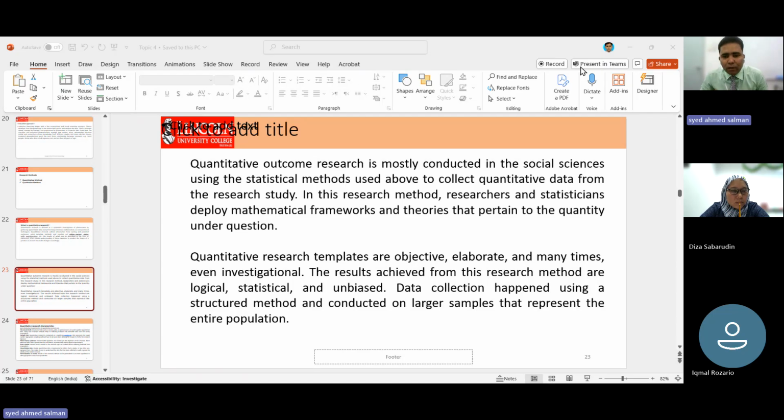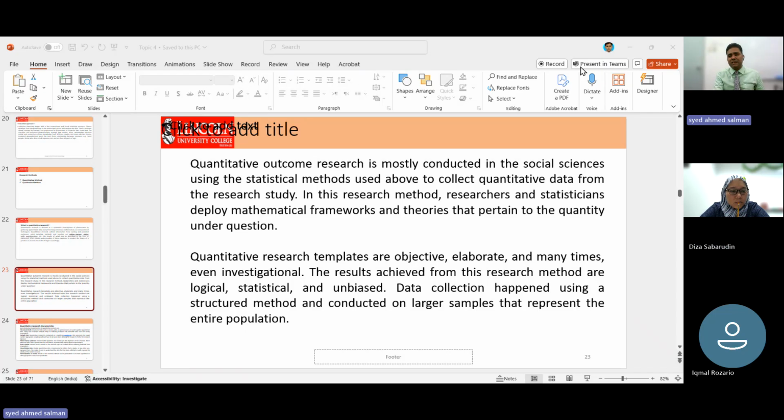Now here, if you see the last sentence, data collection happens using a structured method. Just now I told you we are going to use a sampling method, whether random sampling or non-random sampling.